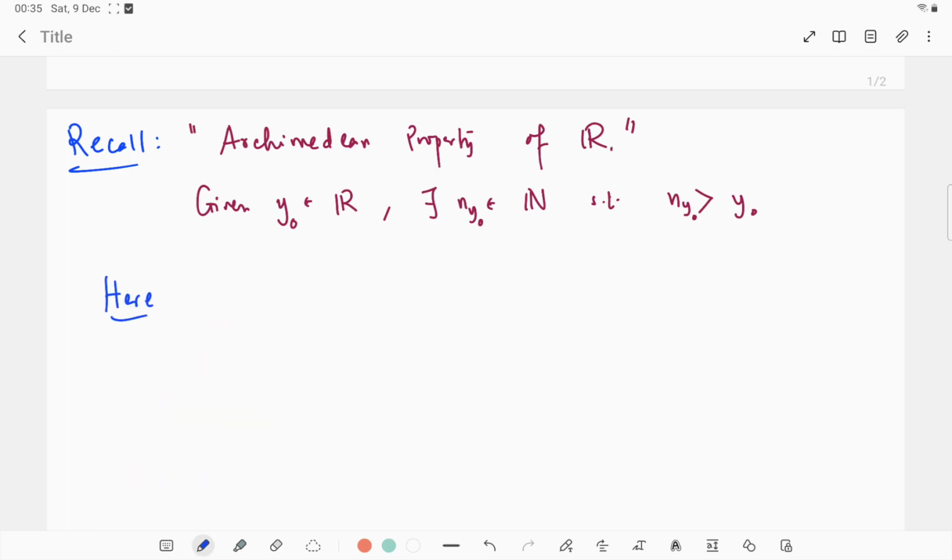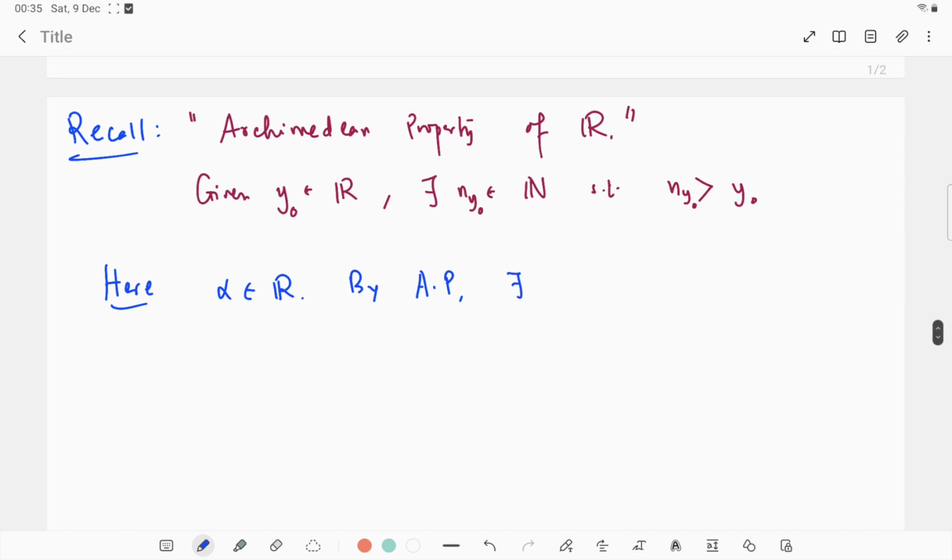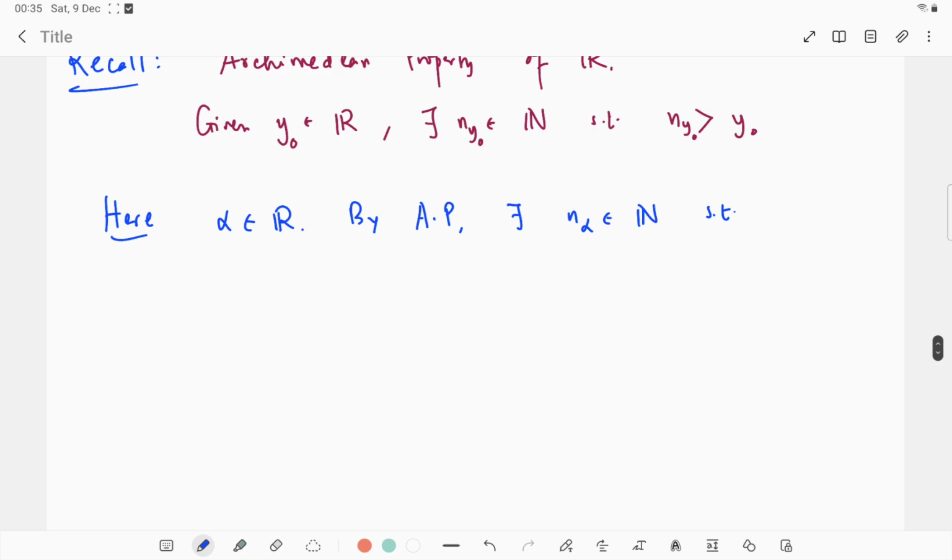So here we have alpha inside R. By the Archimedean property, there exists n alpha belonging to N, the natural numbers, such that n alpha is greater than alpha.